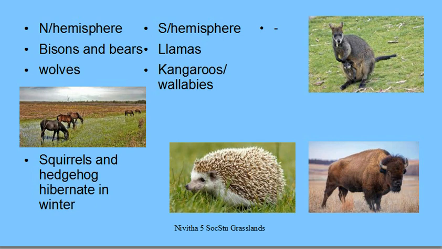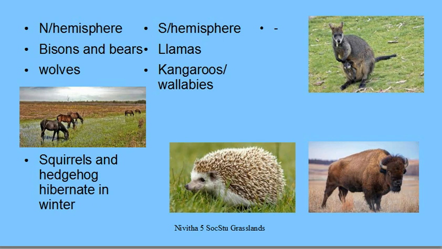So sleeping through for a long period instead of going out and hunting is called hibernation. We have also seen migration and estivation and so many other things in previous classes. So hibernation is sleeping through, mostly in winter, instead of going out for hunting food. Many animals hibernate in the grasslands.